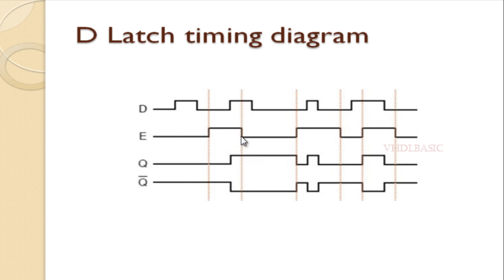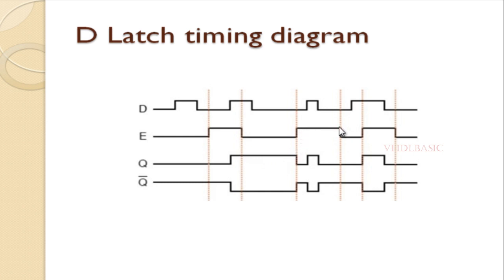Here enable is 1. Here if you see data D is going high. Here enable is going low. So enable low means Q will remain in the previous state. Here the previous state of Q is 1, so it is maintaining that value here.